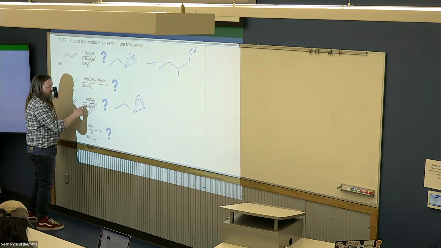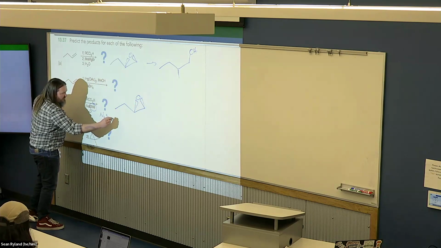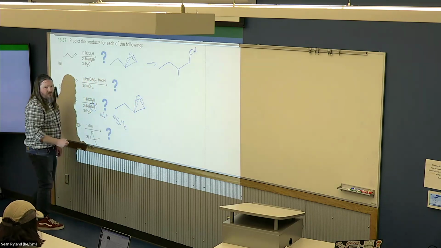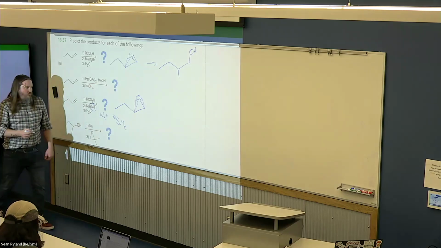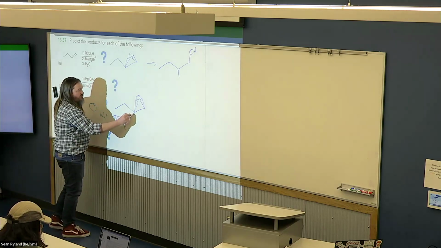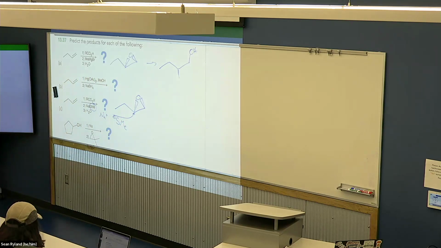So if we break this apart as an ionic compound, we get Na plus as one of the ions, and then we have SMe with a negative charge on the sulfur. And just like before, with all these ring opening reactions, we go to the more substituted carbon.